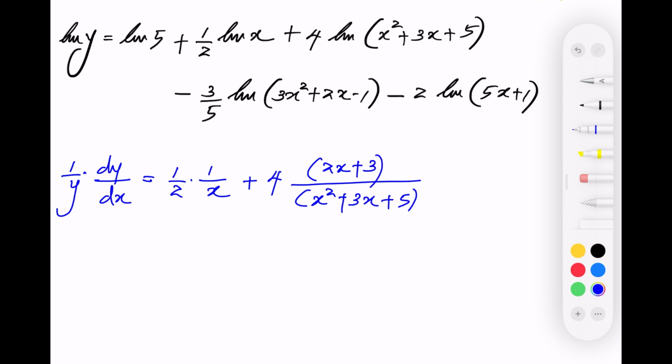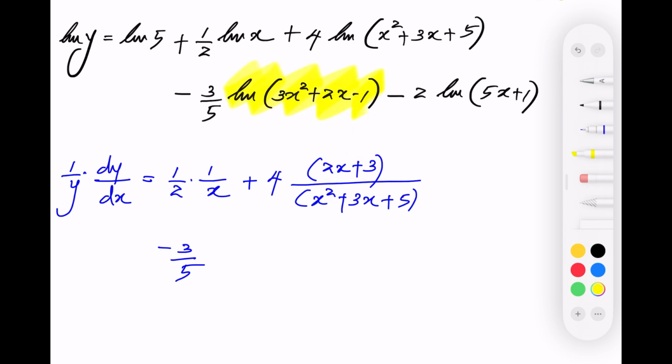Please note that I wrote it inside parentheses because there's a 4 right here which should be multiplied. Always it is safe to write such derivatives within parentheses when you have more than just one term. Now we will look at this term right here. We have negative 3/5, so let me write that down first, and then I need to differentiate this function.